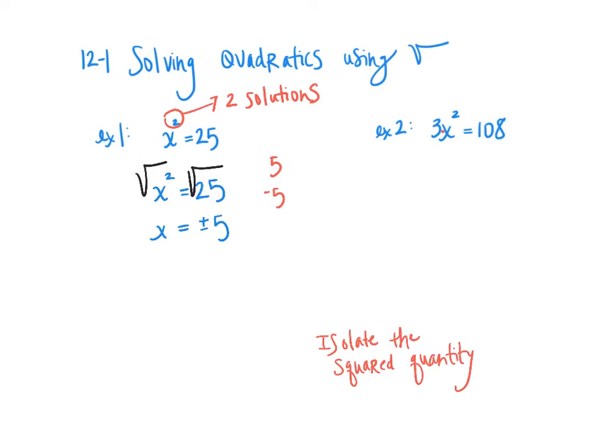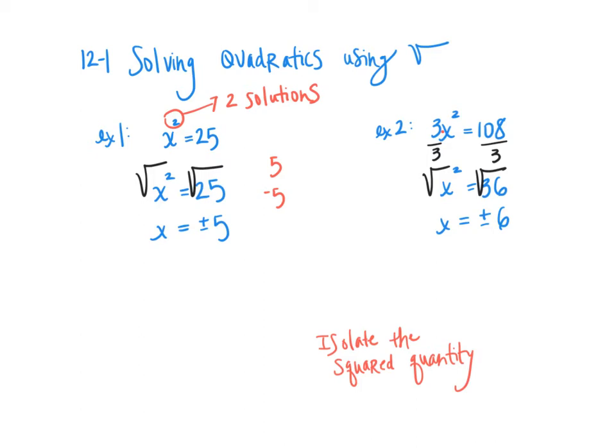I'm going to divide both sides by 3. Much like you would do if it was 3x equals 108. And so that gives you x squared equals 36. Then it's a much simpler equation when you take the square root of both sides. Keep in mind you're going to get 2 solutions, so you should have x equals plus or minus 6.